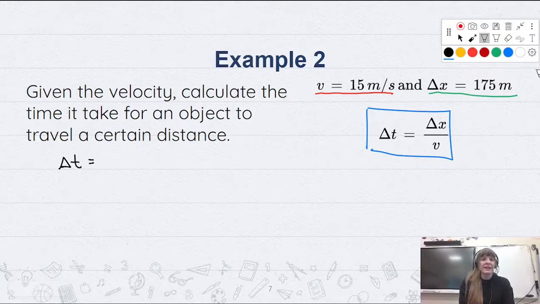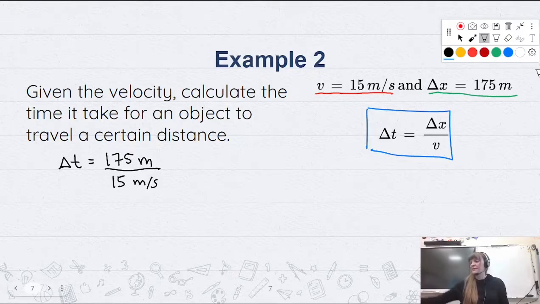So delta t is equal to 175. And don't forget, you have to put in your unit here, which is meters. And we're dividing this by 15 meters per second. So first thing we want to do is we actually want to do this division.